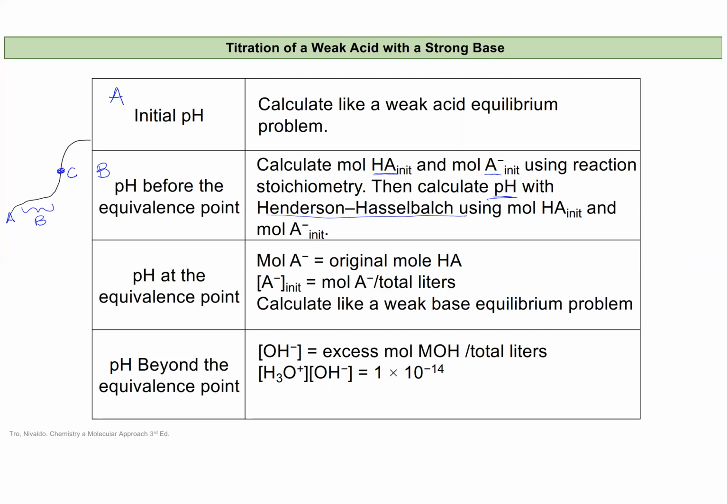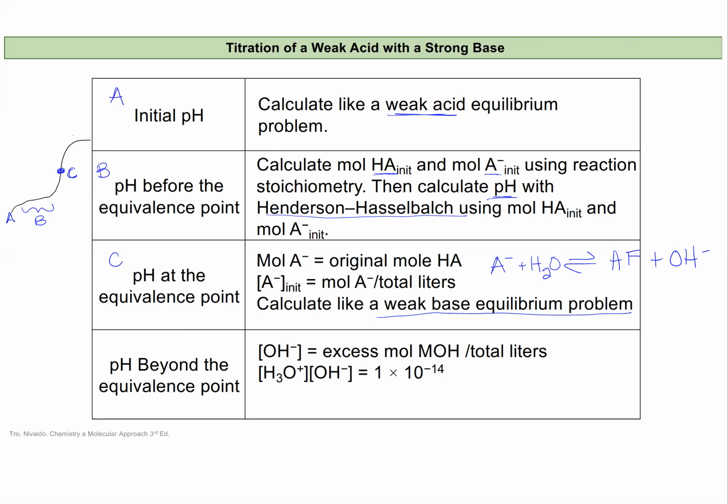Then at the equivalence point, part C, right here, we're going to be able to calculate the pH like a weak base equilibrium problem. So that's different than our initial pH, which was a weak acid. Here we know that all of our acid has been converted into its conjugate base, but that some of that conjugate base will be in equilibrium with the conjugate acid, or sorry, the weak acid, making our pH at the equivalence point slightly basic in this case.